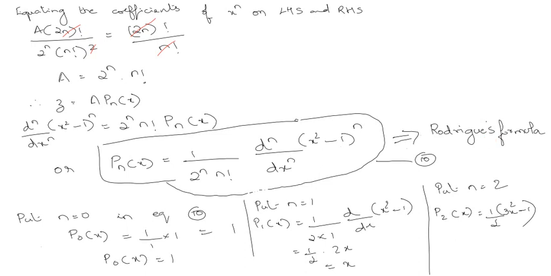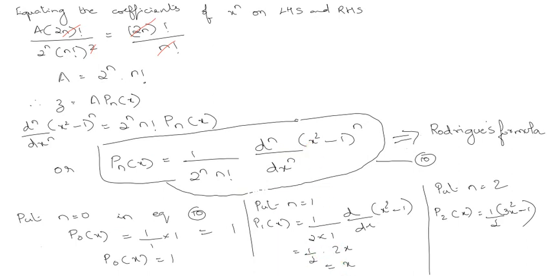Now putting n is equal to 0 in equation 10, that is in the Rodrigues formula, we will be getting P0(x) is equal to 1, and putting n is equal to 1, we will be getting 1 by 2 into d/dx of x square minus 1, that is equal to 1 by 2 into 2x, which is x.